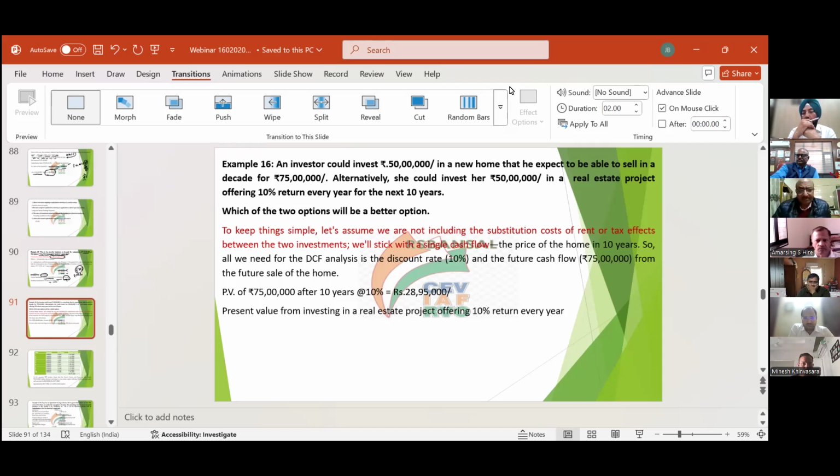First, the present value of 75 lakh after 10 years at 10% will come out to be 28 lakh 95,000. You multiply it with the present value factor, which is 1 upon (1 plus r) raised to power n.